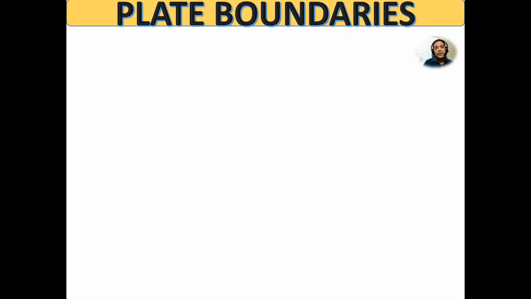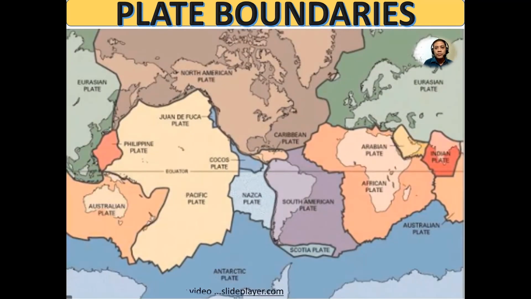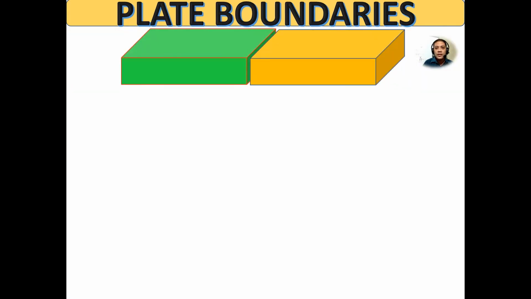According to the plate tectonics theory, the entire lithosphere of the Earth is broken into several segments called plates. Each plate is slowly but continuously moving due to convection currents in the mantle. As a result of the motion of the plates, three types of plate boundaries were formed.